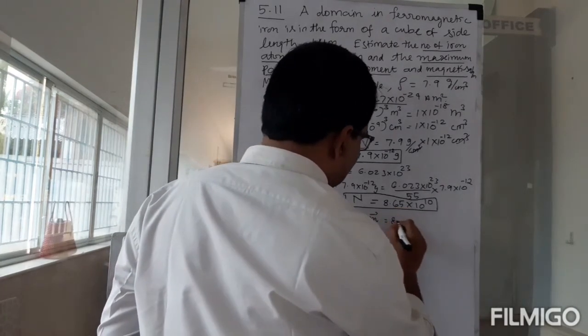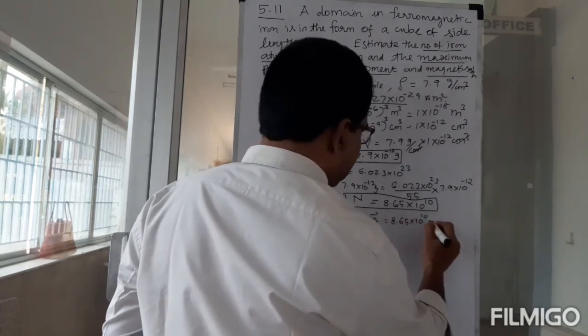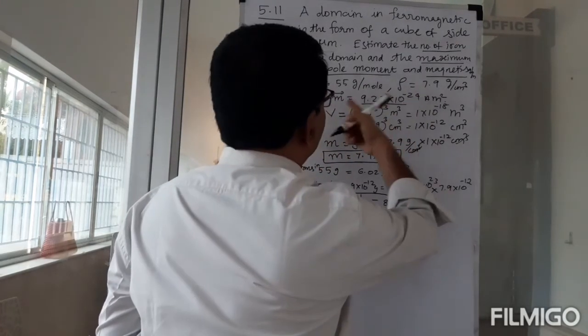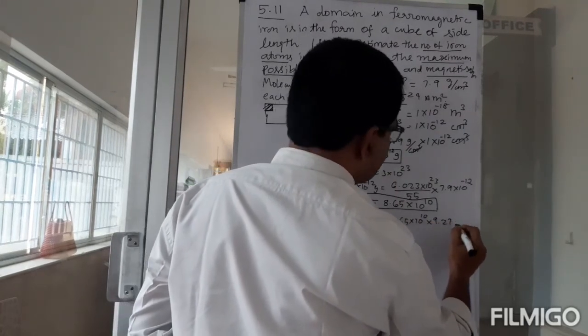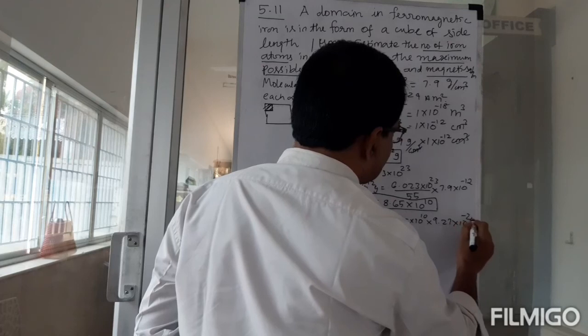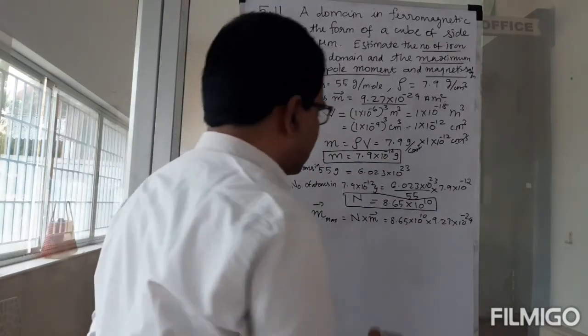So this would be 8.65 into 10 power 10 multiplied by 9.27 into 10 power minus 24 ampere meter squared.